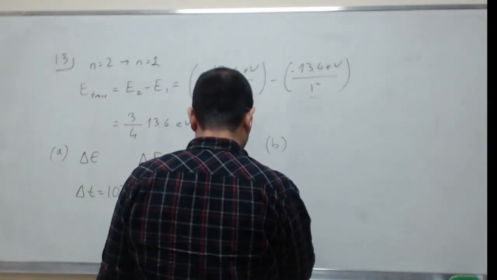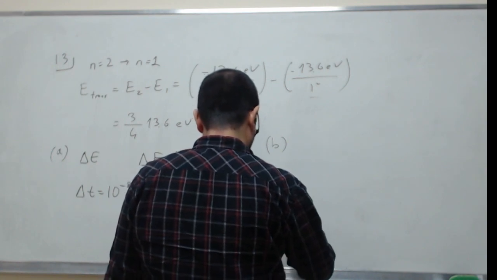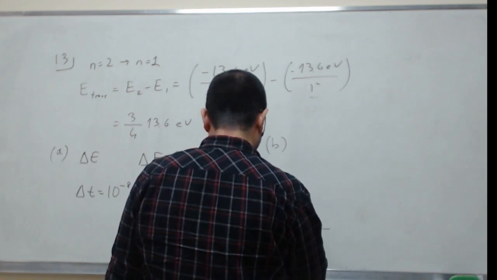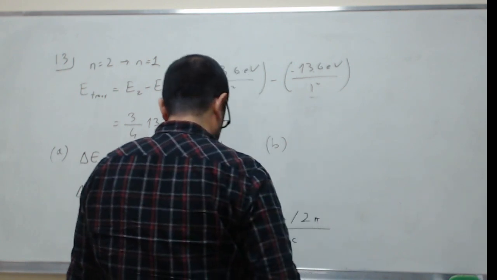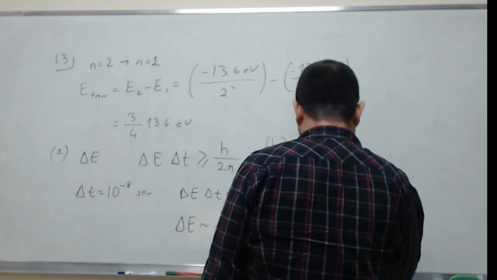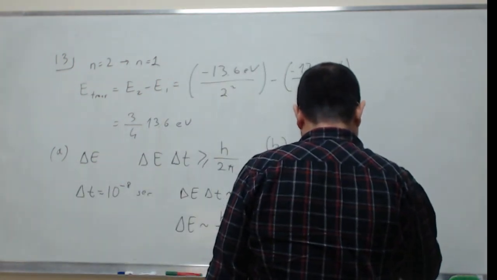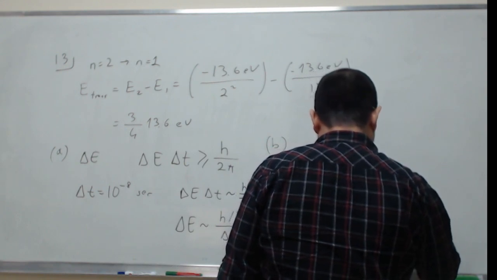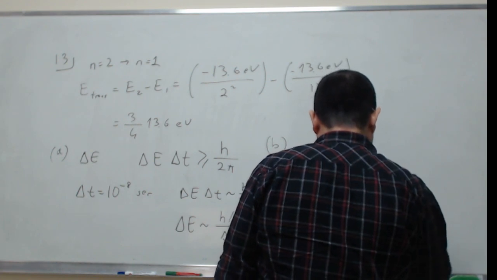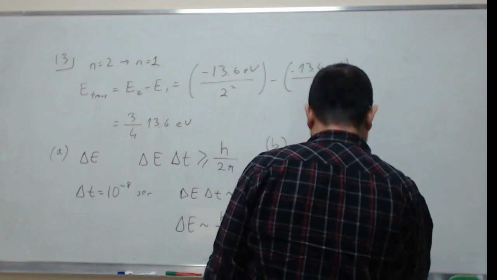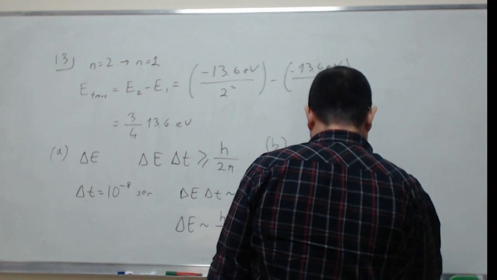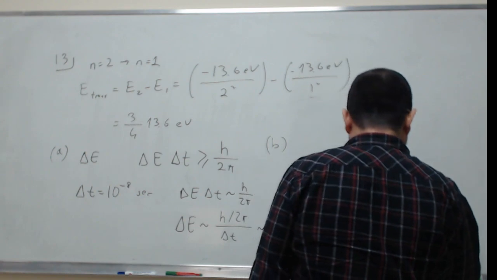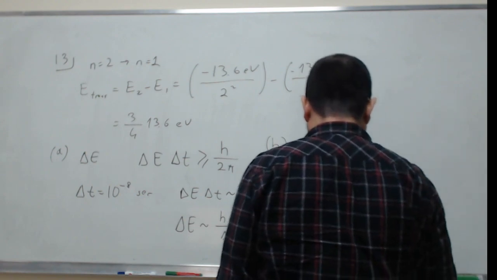So again, I will write this as h times c by 2 pi divided by delta t times c, and these are things that I actually know. So 1240 divided by 2 times 3.14, divided by delta t, which is 10 to the minus 8, times c, which is 3 times 10 to the 8, but I want to write this in nanometers, so this is going to be 10 to the 9.